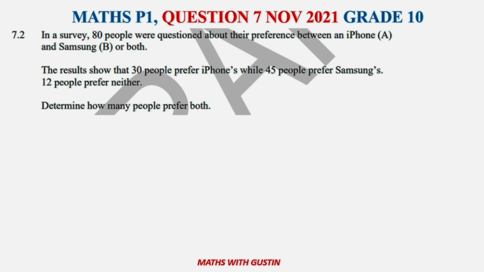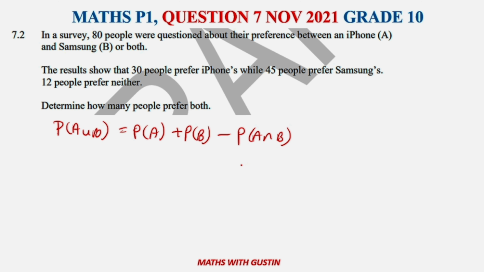So what are we looking for? We're looking for both. The original formula for probability says the probability of A or B is equal to the probability of A plus the probability of B minus the probability of A and B. We know that 80 people, this is the total sample, were questioned.